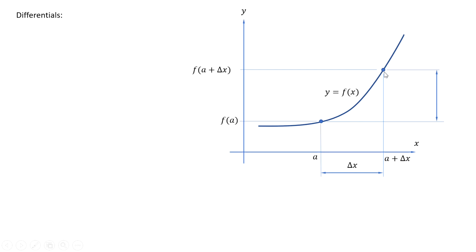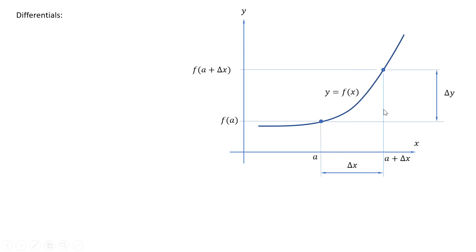Because its x coordinate is a plus delta x. Next, if the x distance between these 2 points is delta x, what should this y distance be called? Stands to reason, we should call it delta y, right? Change in y. So we'll call it delta y.